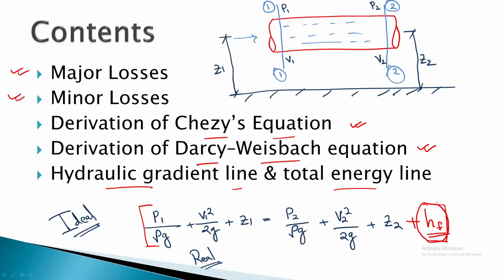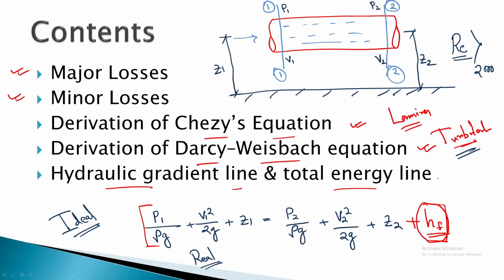And we can determine the value of HF for both the laminar flow as well as the turbulent flow. I hope all of you know how to differentiate between the laminar flow and turbulent flow. You know the term Reynolds number, Re. If the Reynolds number is greater than 2000, then it is turbulent flow, right?